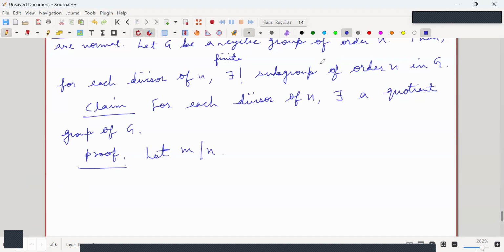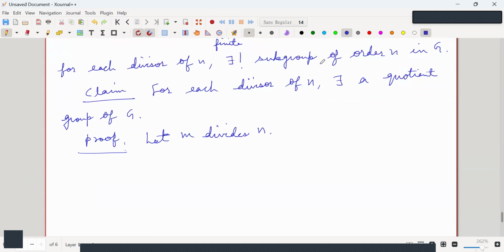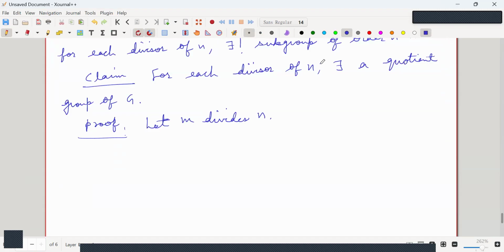We need to find a quotient group of order m, so there exists some d such that md equals n. Take a normal subgroup of order d. That's even easier, right? It's very straightforward.